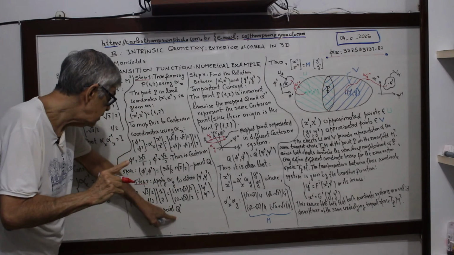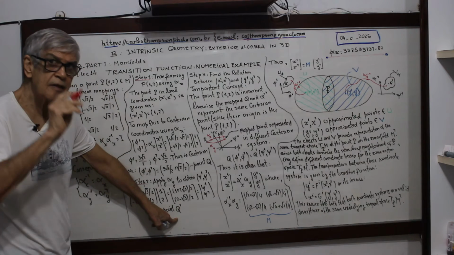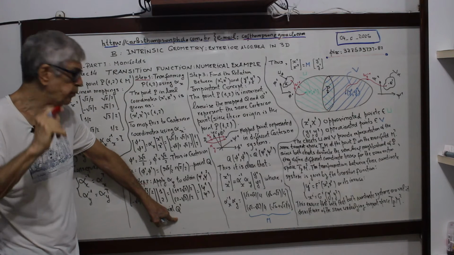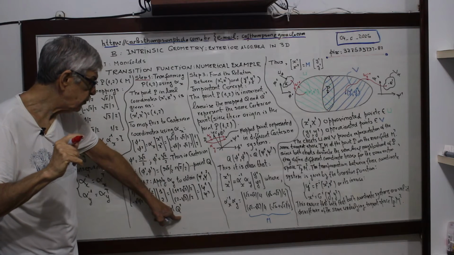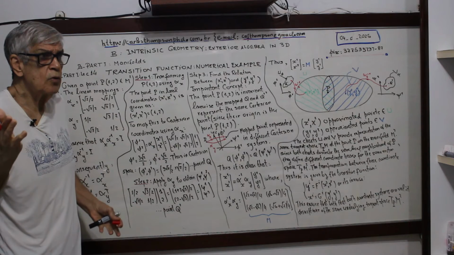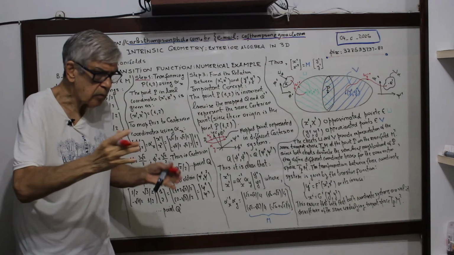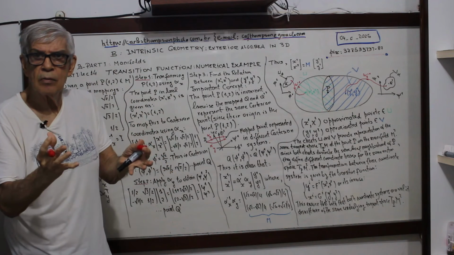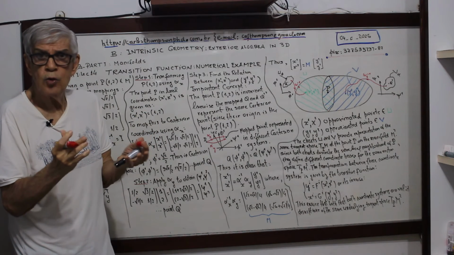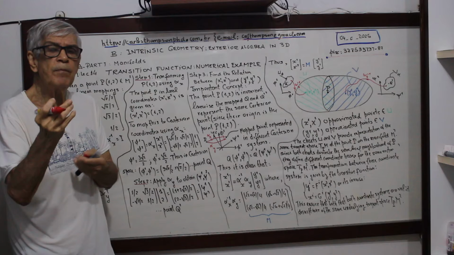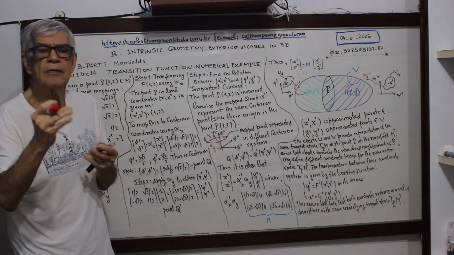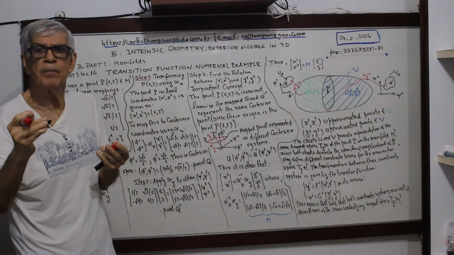Attention now. This point is in the same location, but the components are different. For instance, when you have a point on a spherical surface, you can represent this point using the coordinates r, phi and theta.